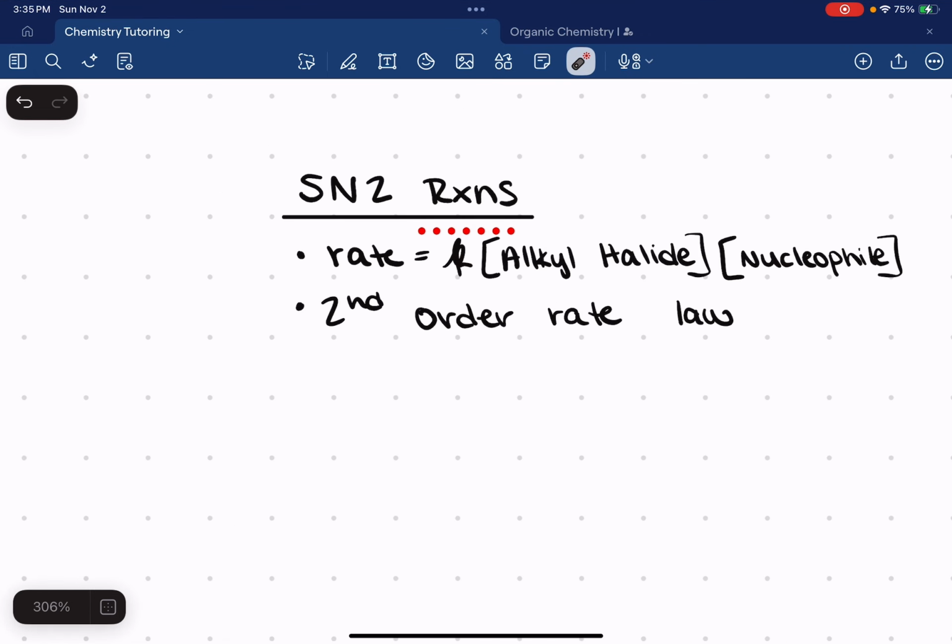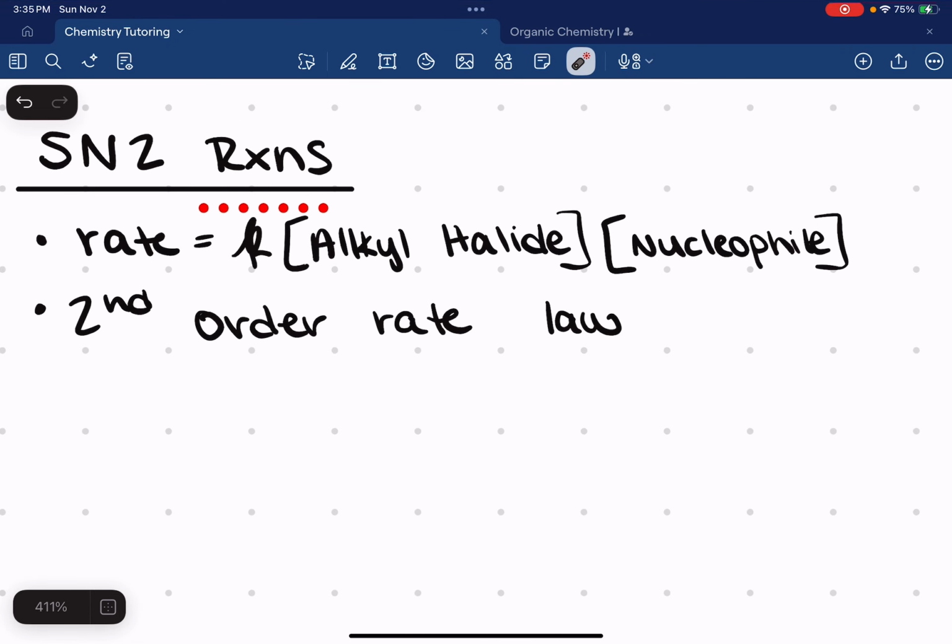So when we work over here, I'll draw out a mechanism as well, and we'll see that it relies on both the nucleophile and the alkyl halide because the reaction happens simultaneously. The leaving group pops off and the nucleophile does a backside attack at the same time. So both of them matter, like they would both equally be a limiting reagent.